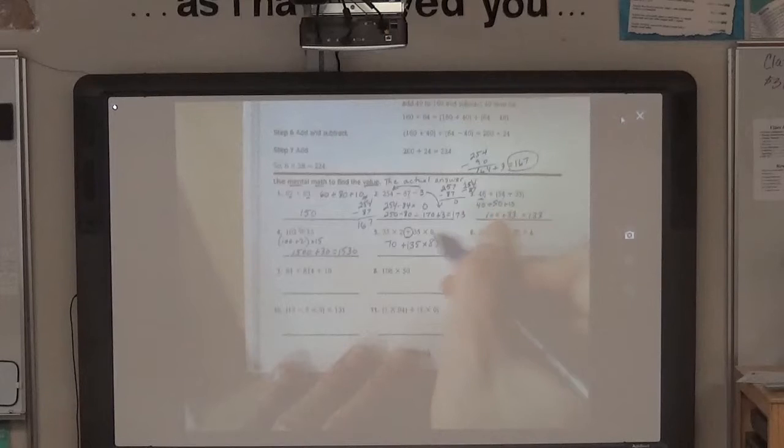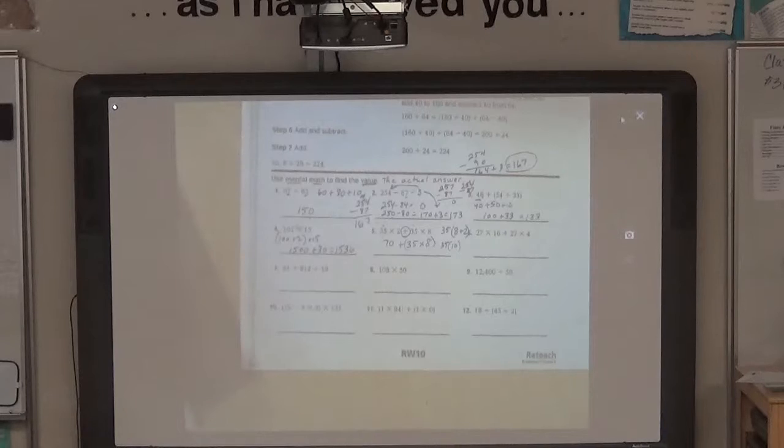What if we did this? What if we took the 35, since the 35 is multiplied by both? What if we did 35 times 8 plus 2? Then you get 700. Then you'd have 35 times 10.